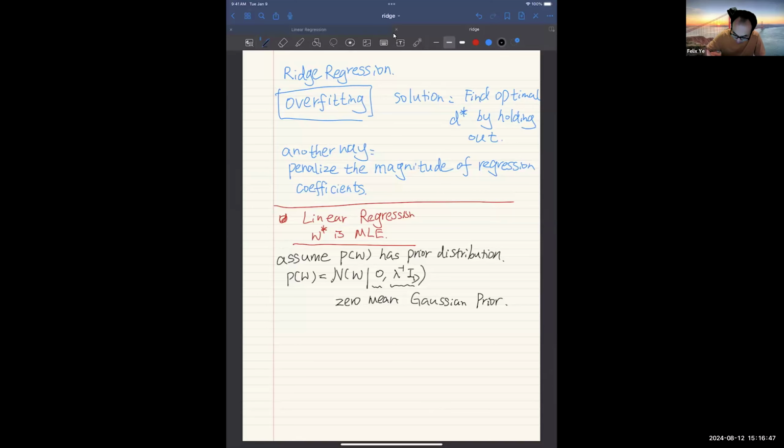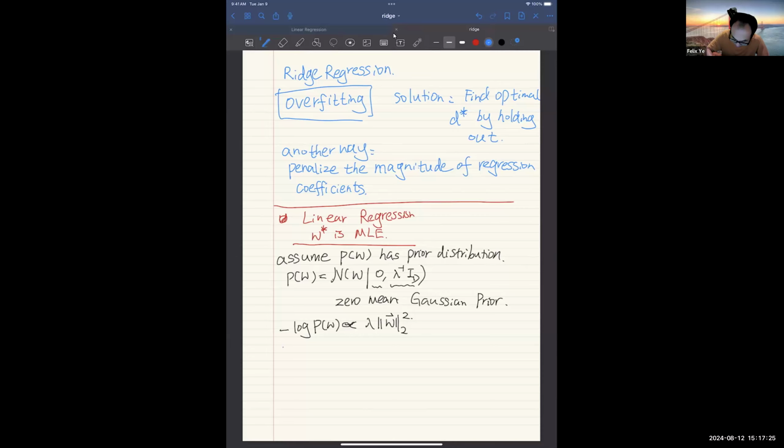I want to note the negative log of the prior is proportional to lambda times the square of the two norm of the weight W. So if we have this prior distribution, then we are no longer working with negative log likelihood or MLE estimation.